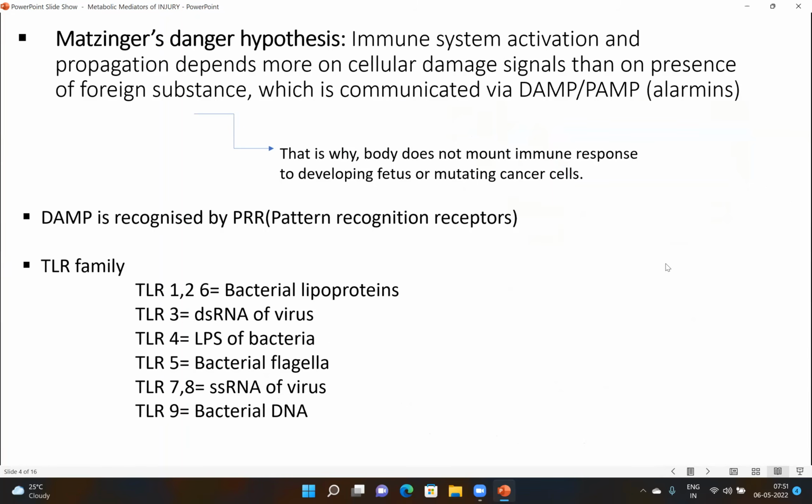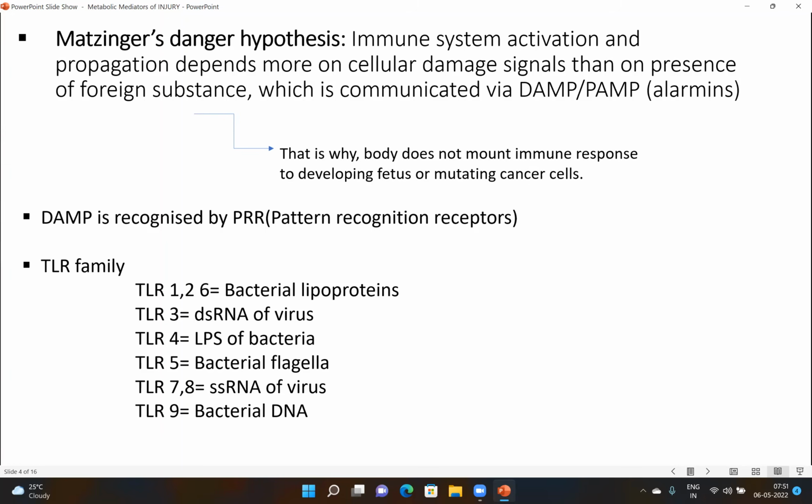Now, there is Matzinger's danger hypothesis which states that immune system activation and propagation depends more on cellular damage signals than on the presence of foreign substances. That is why the body does not mount any immune response to the developing fetus or the cancer cells. This is communicated via DAMPs called alarmins, that is danger associated molecular proteins. In case of pathogens, these are called pathogen associated molecular patterns.